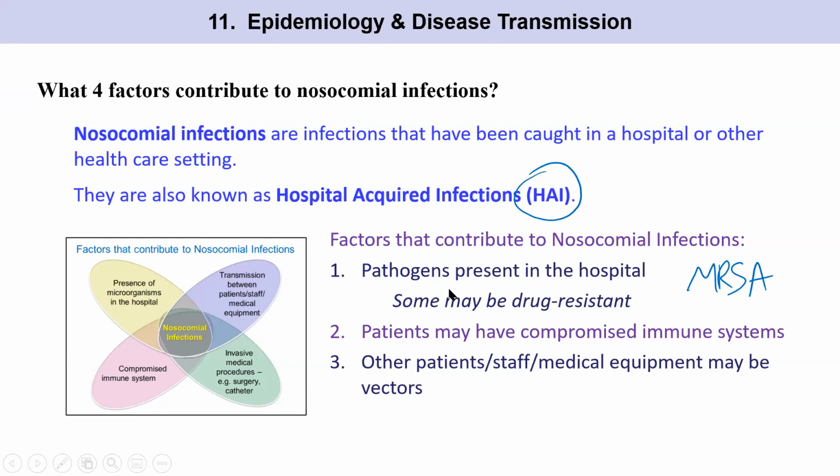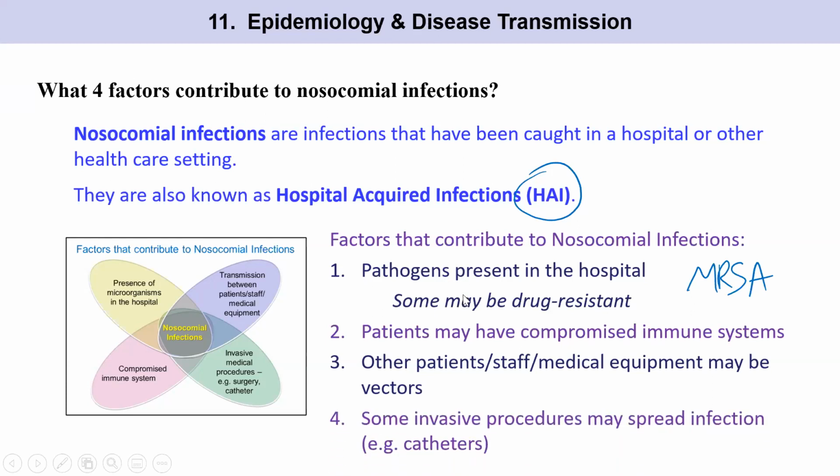Sometimes the staff is the problem, with hospital policies that aren't good enough. And number 4, invasive procedures: catheters are number 1 and surgery is number 2 in terms of procedures that can introduce a pathogen to somebody's body systems.